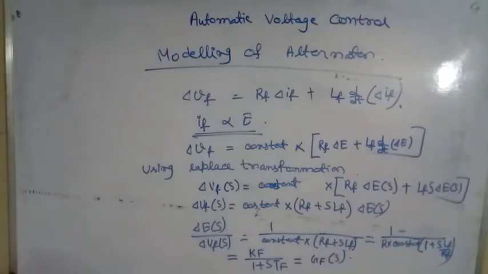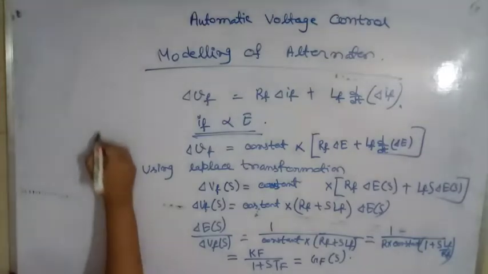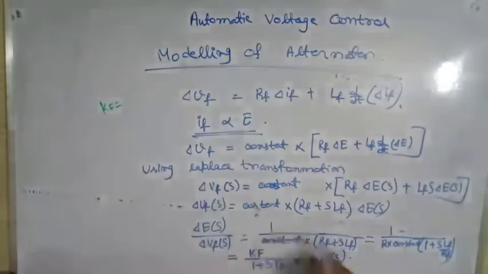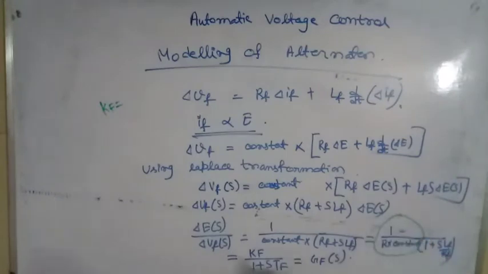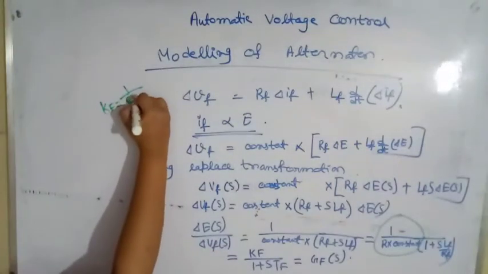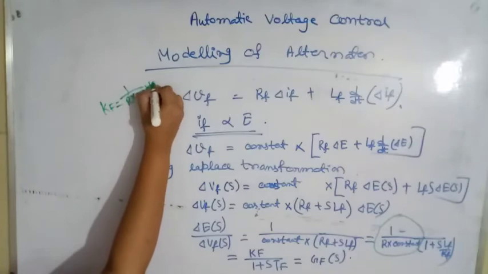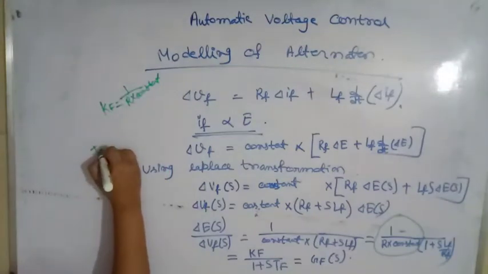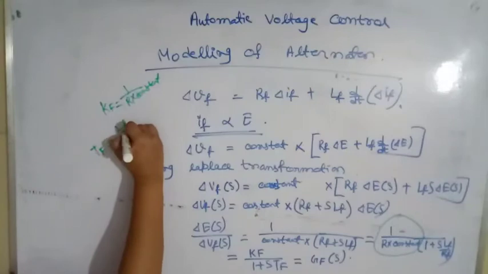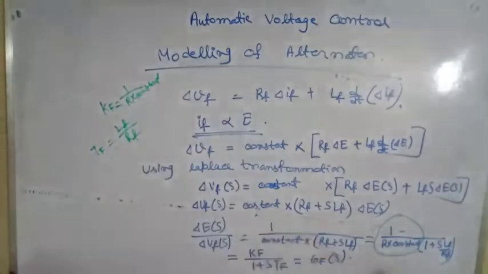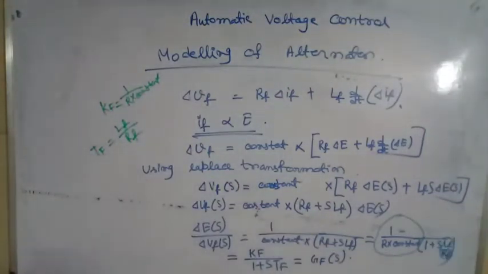Where the value of KF equals 1 by R into constant, and the value of TF equals LF by RF. This is the transfer function for the alternator.